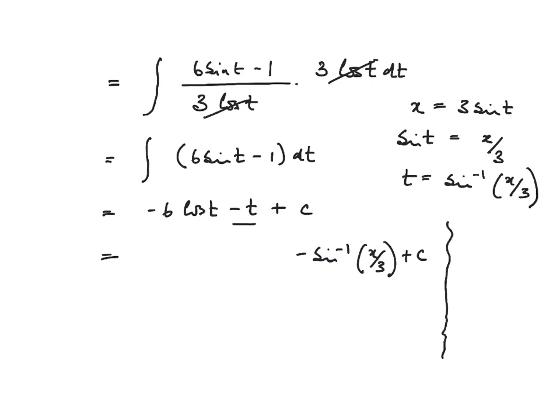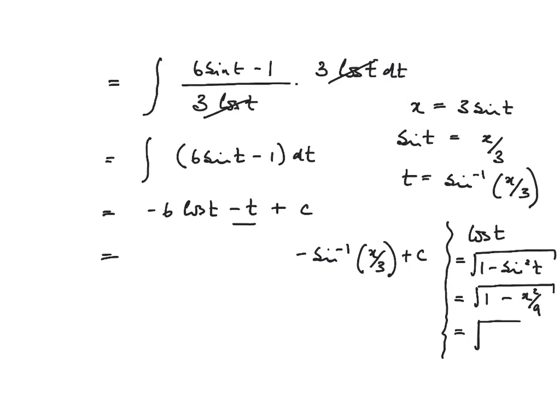Well, cos t is the root of 1 minus sine squared t, so that's the root of 1 minus x squared over 9, which is 9 minus x squared over 9, and that is square root of 9 minus x squared on top and 3 on the bottom.